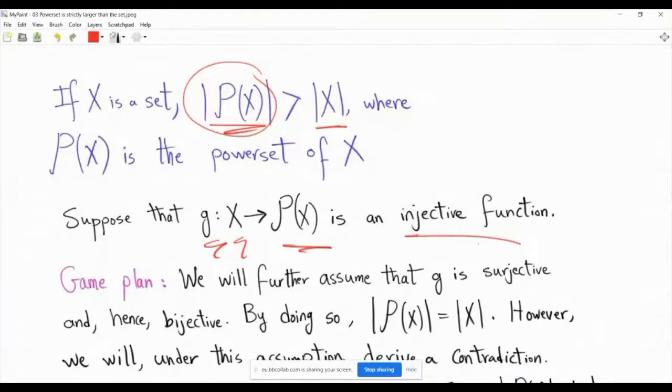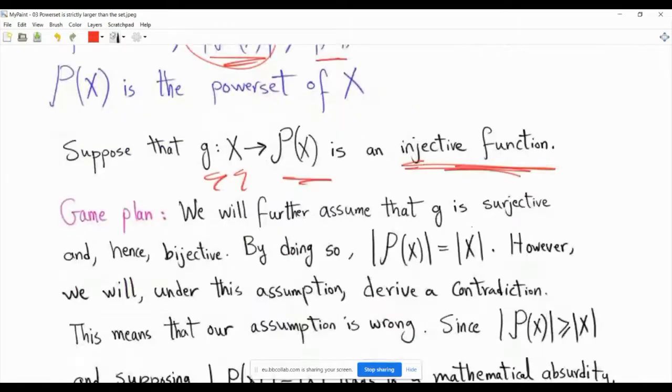So you can simply take each element in x and associate it with the singleton subset. This is doable, to have an injection between x and the power set of x. But we will take this a step further, and we will assume that G is not just injective, it is also surjective.